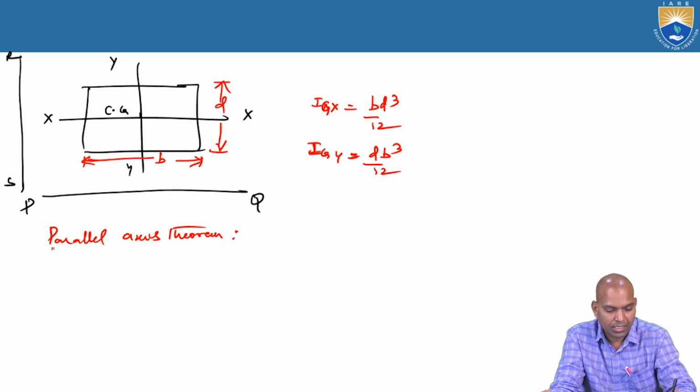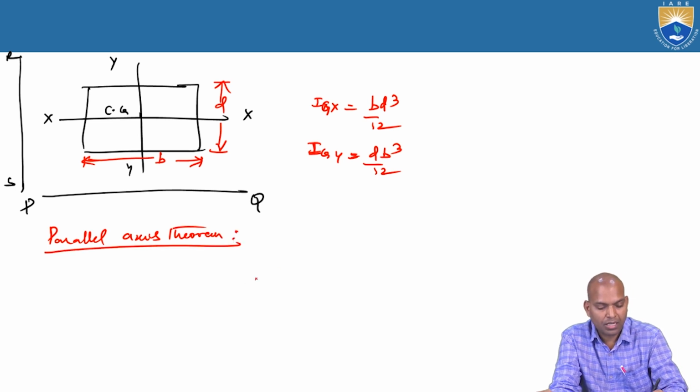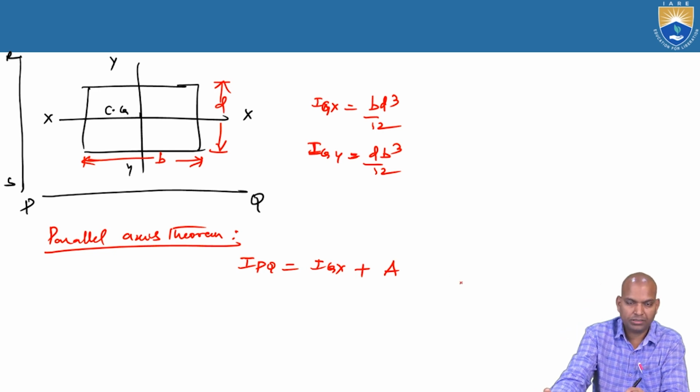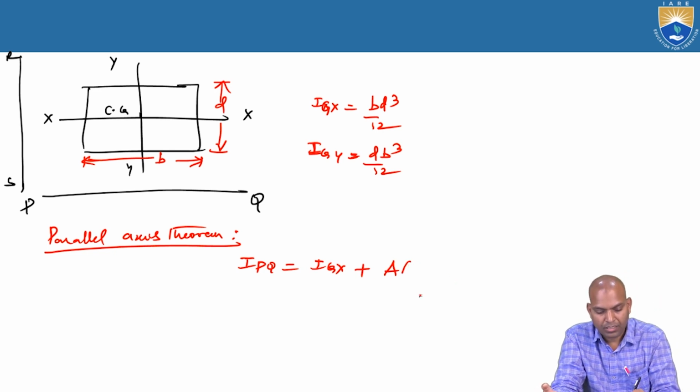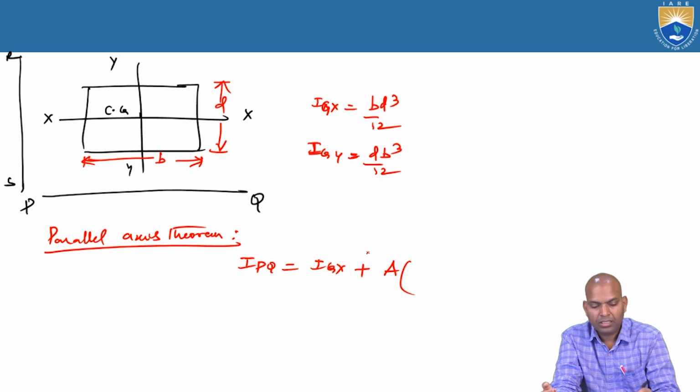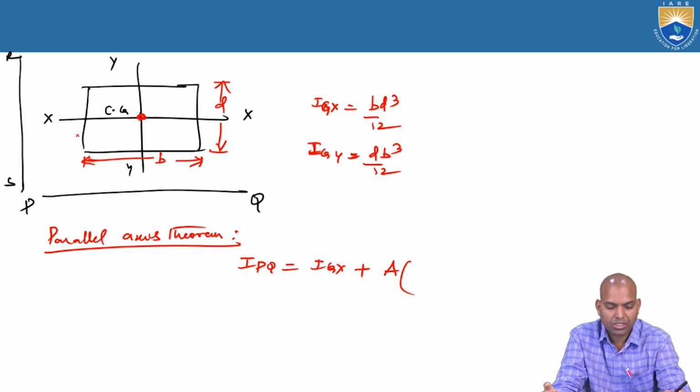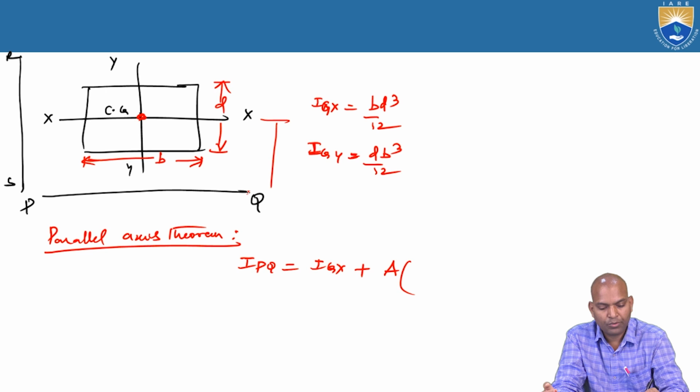The parallel axis theorem says that the moment of inertia about an axis, IPQ, equals the moment of inertia about the parallel centroidal axis, Igx, plus the total area of the section times the square of the distance between the center of gravity of the section and the axis, suppose bar y.